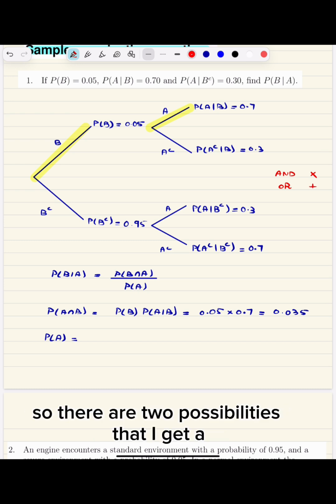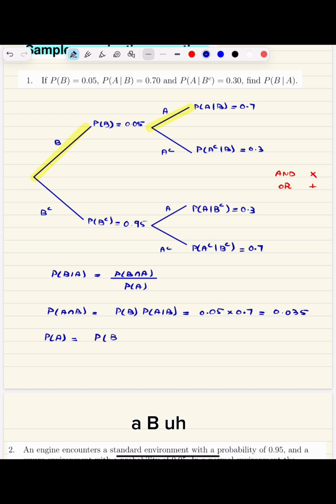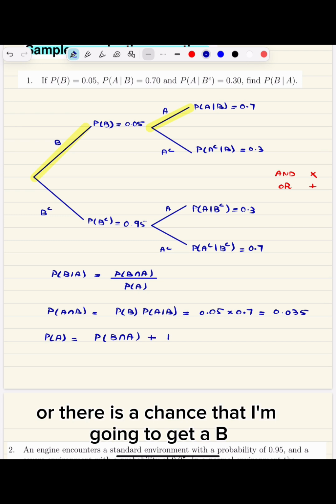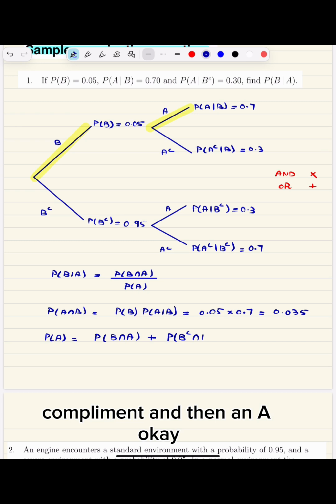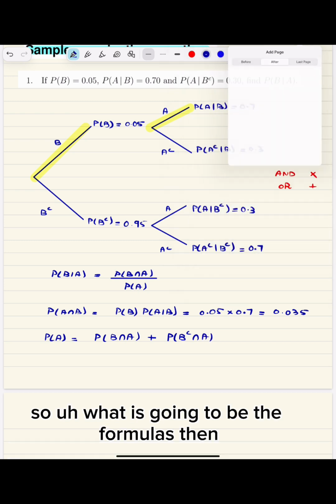Okay, so there are two possibilities: that I get a B and then an A, or there's a chance that I'm going to get a B complement and then an A. Okay, so what is going to be the formula then?